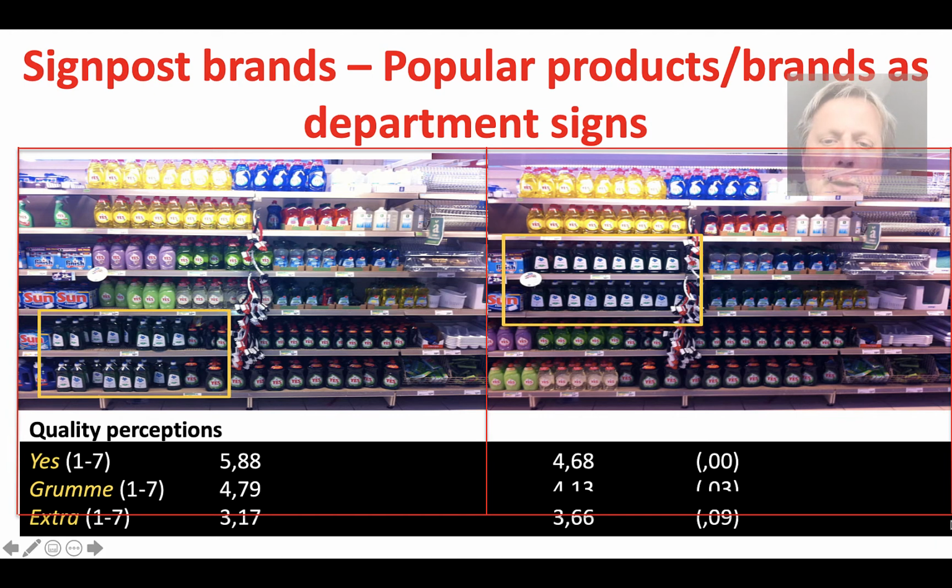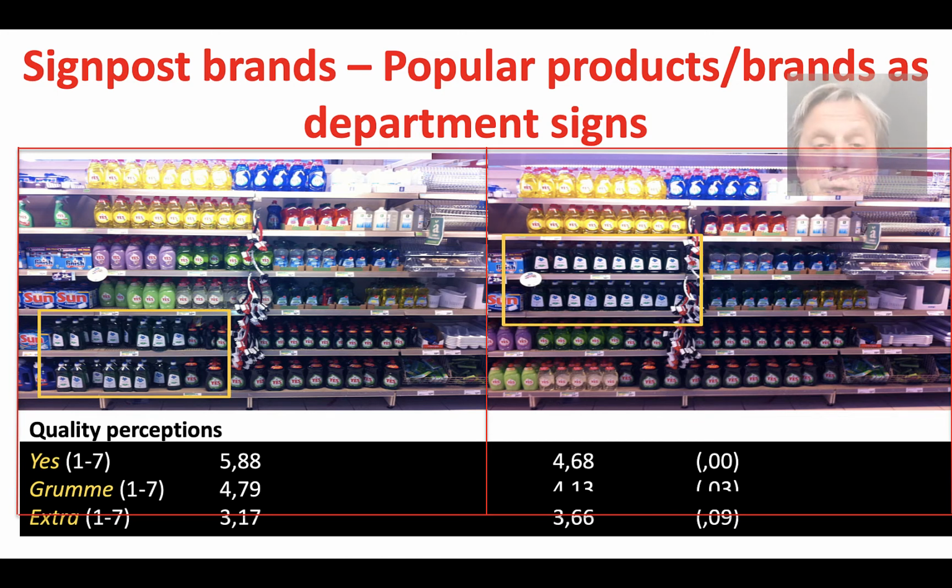So you can see that the shelf to the right obviously has lower quality perceptions as a whole, and you can see the move in quality perceptions that Yes is going through from 588 to 468 on a 7-point scale. If you were thinking about taking it the other way around, from 468 to 588, they're saying that it would not be a cheap advertising campaign that could raise the quality perception of that brand to that extent.